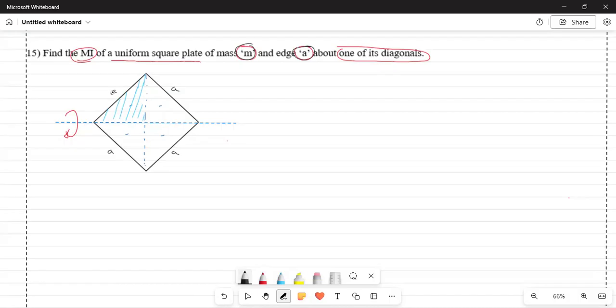Now, taking this first triangle, you see this height is a by root 2. I don't have to make the deduction for you. You understand. This arm is also a by root 2, right? Now, what do you do?